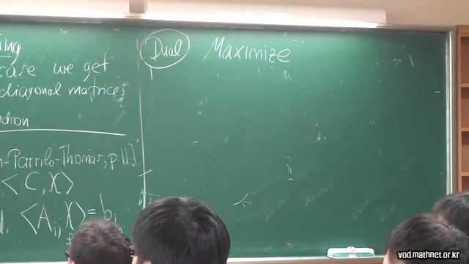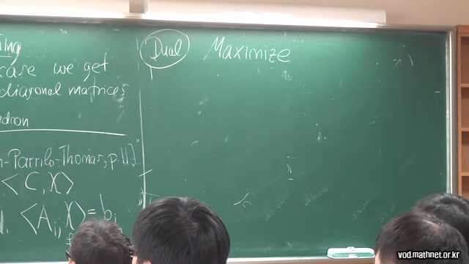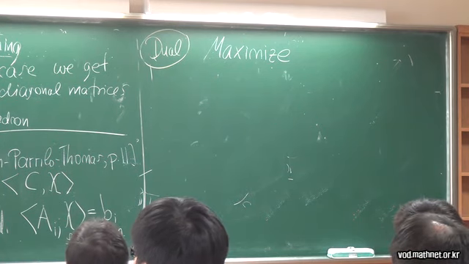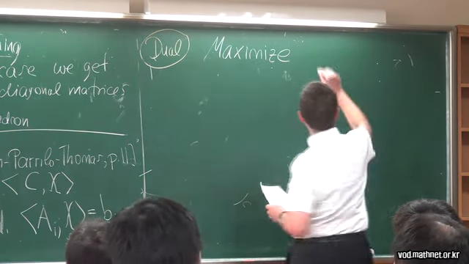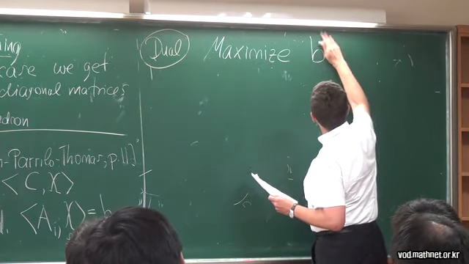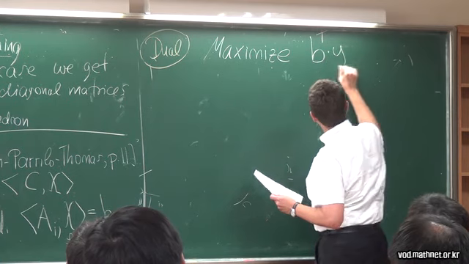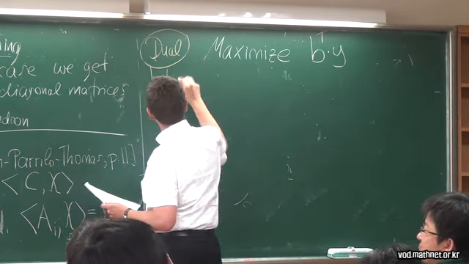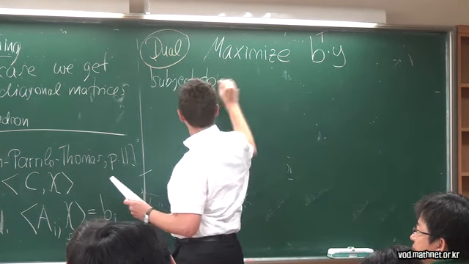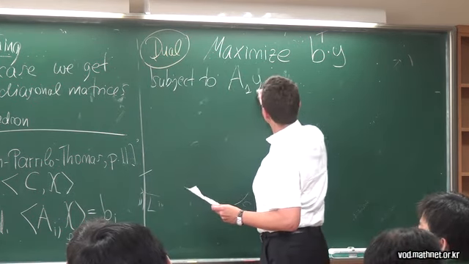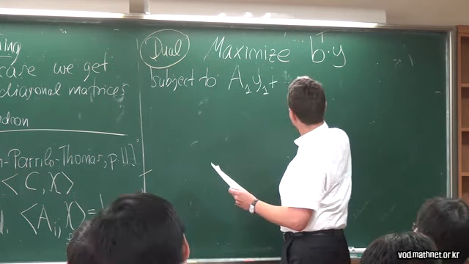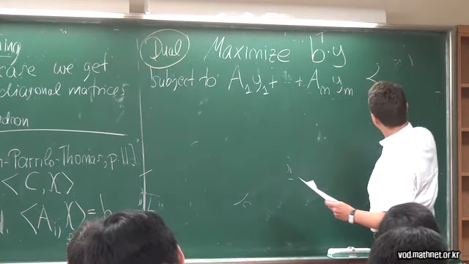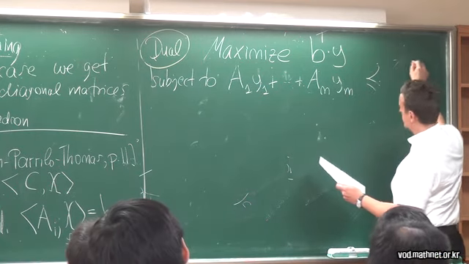So the one that was the right-hand side vector in the primal becomes the cost vector in the dual, and vice versa. Okay, and it's the same here. So the way this works is maximize b transpose y subject to A1 y1 plus ... plus Am ym ⪯ C.